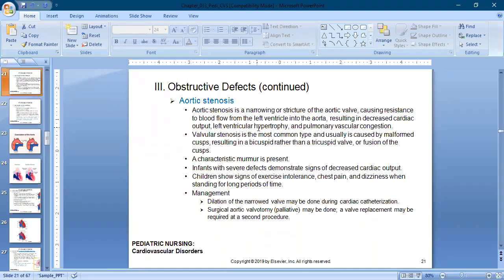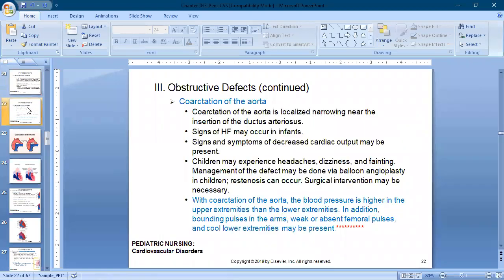The cause is a structural stricture or narrowing, or valvular stenosis, right? And if the patient has aortic stenosis, we will get a characteristic murmur like in ASD or VSD. The treatment options are balloon dilatation or valvotomy, and also we give palliative care and symptomatic treatment.